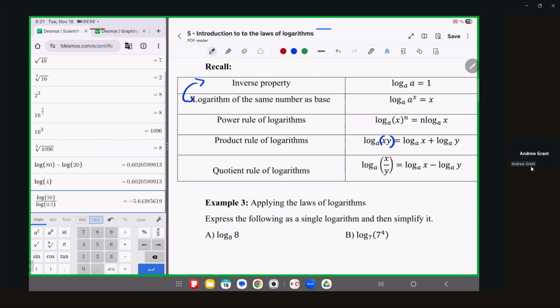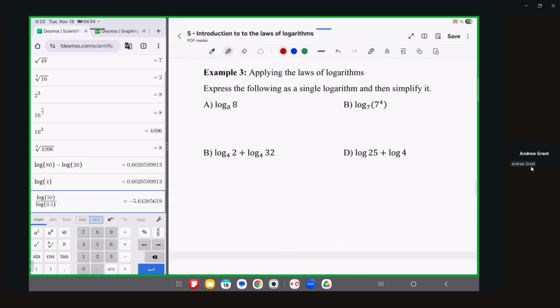And the quotient rule of logarithms, which we just proved, was that if you had the log base a of x divided by y, that's the same thing as log base a of x minus log base a of y. And we're going to spend the rest of the lesson now just applying these rules and properties to various simpler numbers before tomorrow, where we apply this to more complicated expressions.